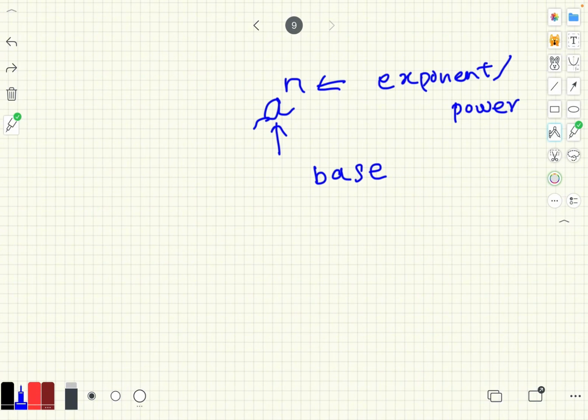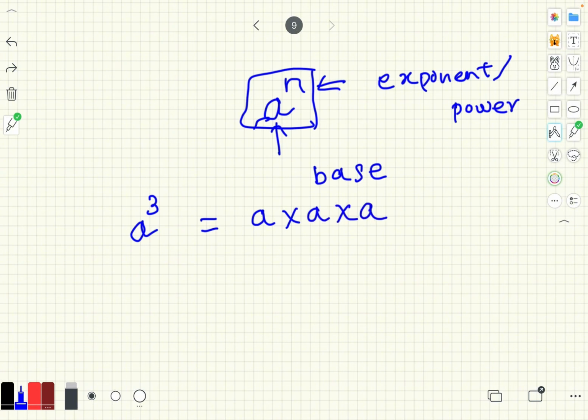For example, a^3 can be read as a to the power n, or a raised to the power n, or a to the n. See this example, a^3 can be written as a times a times a. This simple idea will help us understand every rule that follows.